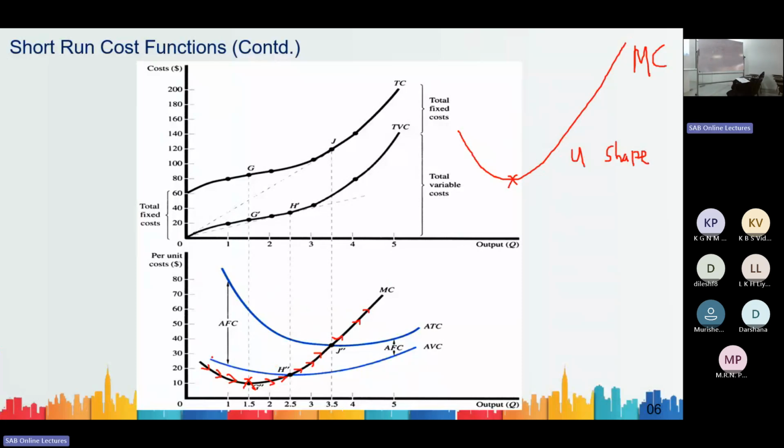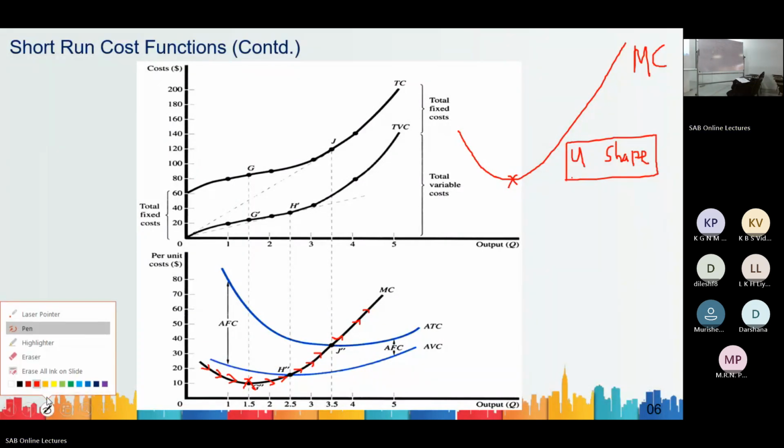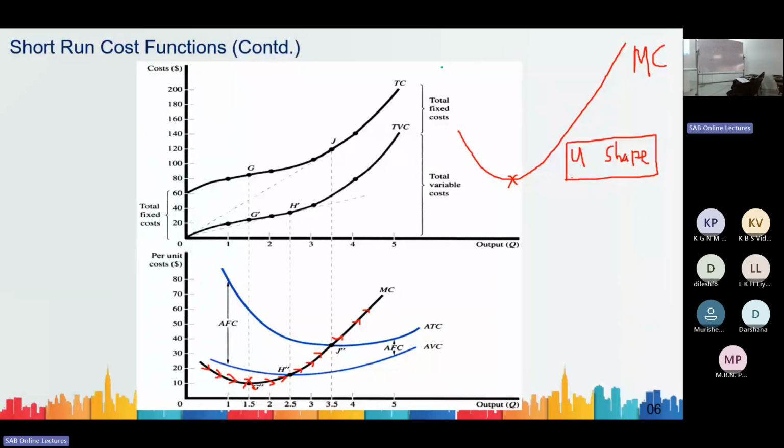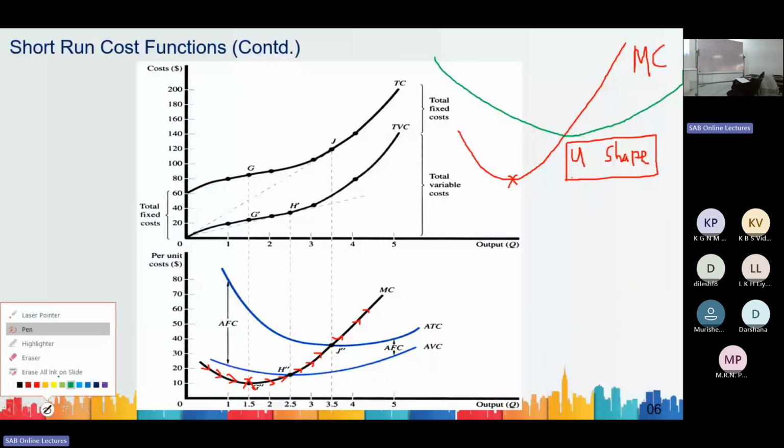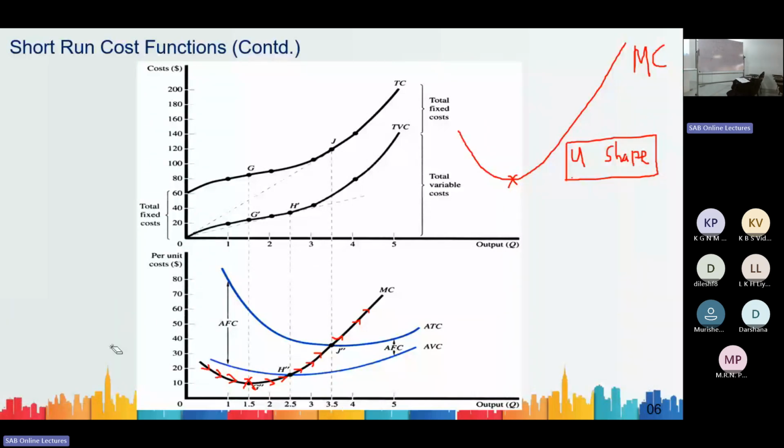Then we have this average variable cost. Average variable cost also takes a U shape, and it behaves like this.